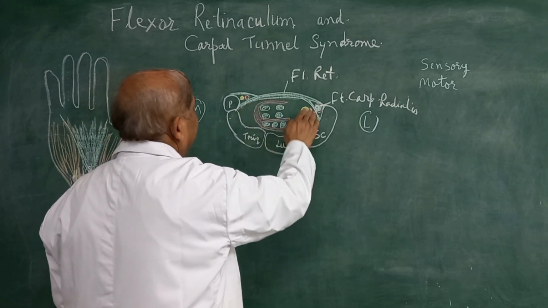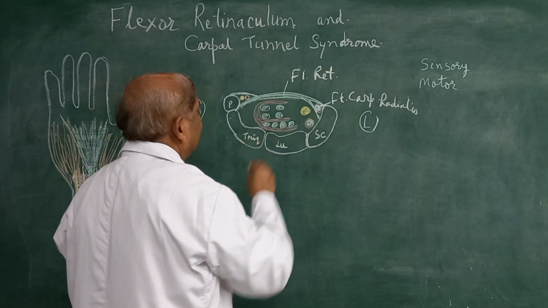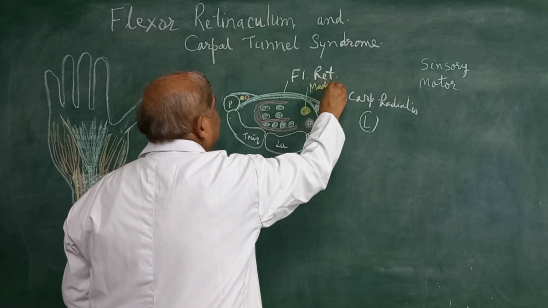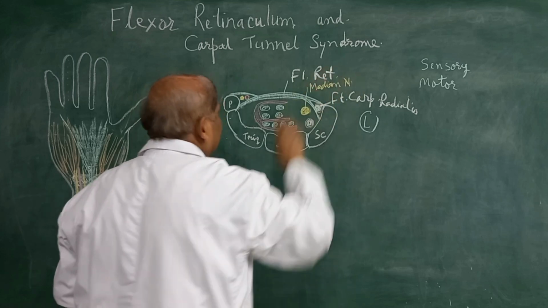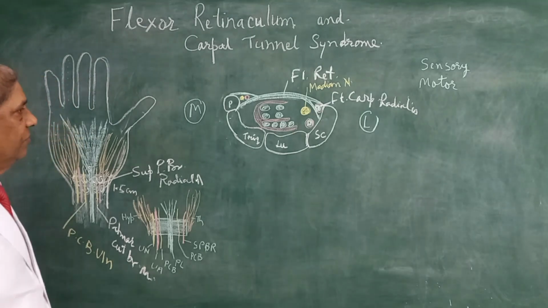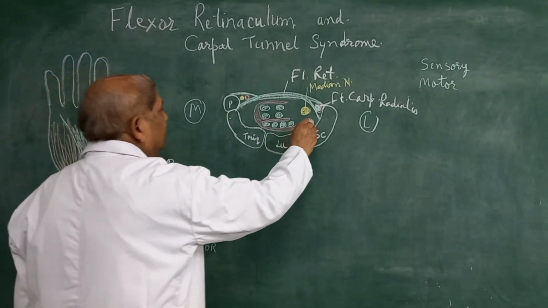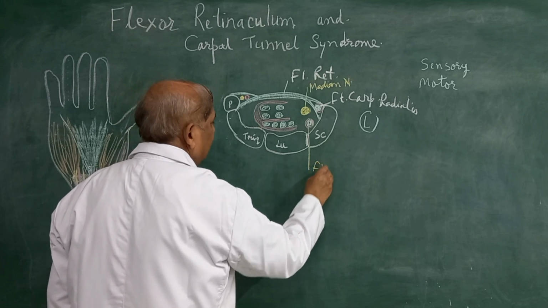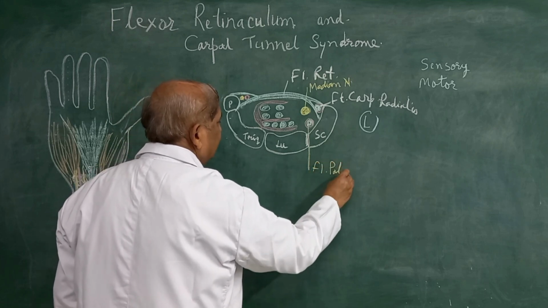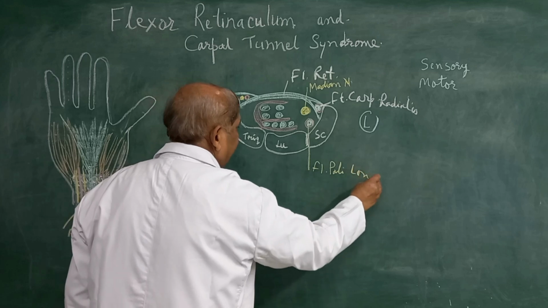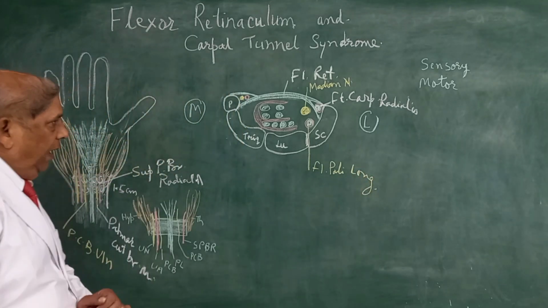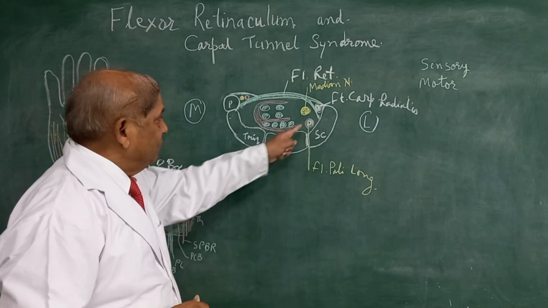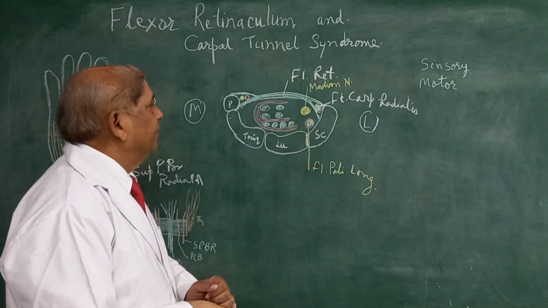Then deep inside in the tunnel proper, this is the median nerve, which is going deep to the flexor retinaculum. More on the lateral side, this is the flexor pollicis longus muscle tendon, which is also surrounded by its own synovial sheath.